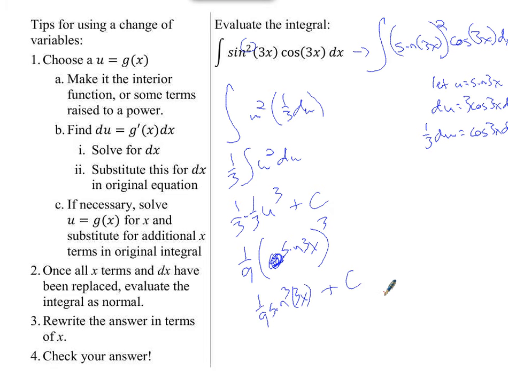For the check, we have 1/9 sine 3x to the third plus c. So what do we get when we take the derivative? So we have now, okay, the derivative of what's inside, derivative of sine 3x is, okay, and then the 3 and the 1/3 are gone.